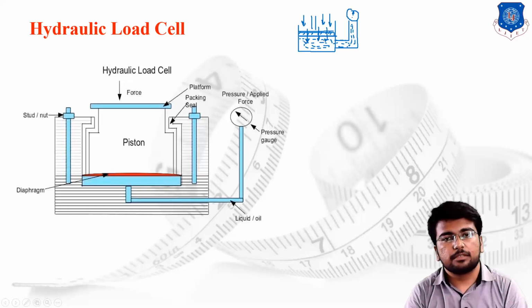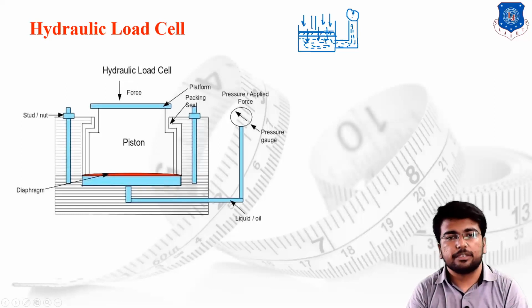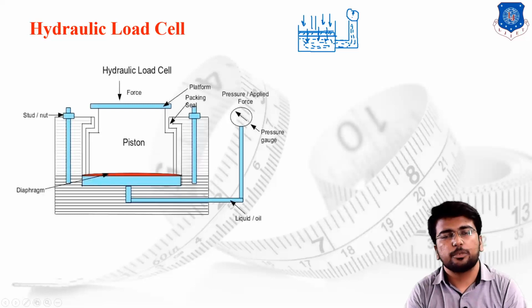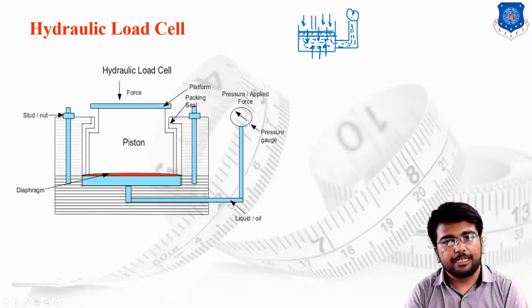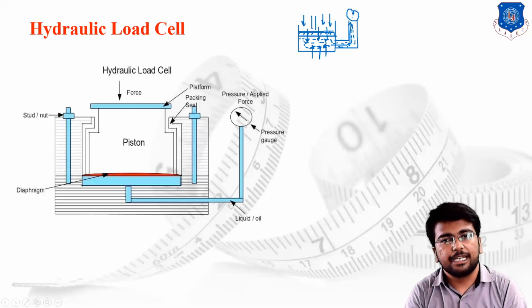As we know, the liquid or the oil is incompressible in nature, so it is not going to be compressed. It simply tries to rise in pressure, and whatever rise of pressure is generated will be maintained inside the chamber as well as inside the hose pipe, and it will be transferred to the pressure gauge, and the pressure gauge will show some kind of deflected position.